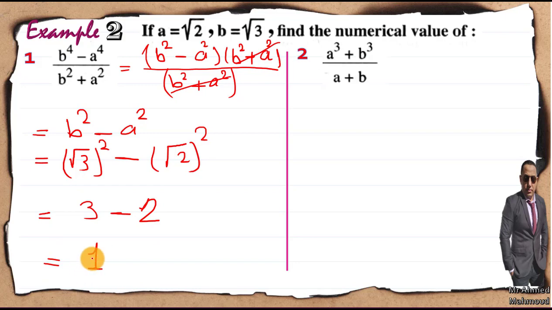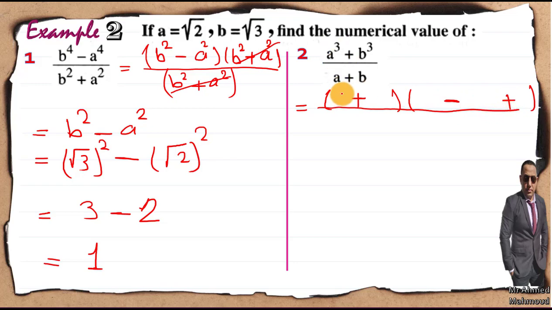The other one: a power of 3 plus b power of 3 over a plus b. A power of 3 plus b power of 3, this is the sum of two cubes. Remember with me, how can we factorize the sum of two cubes? I'm going to open two brackets, a small bracket and a large bracket, and write down here the same sign, and here the opposite sign to the original, and here always plus.